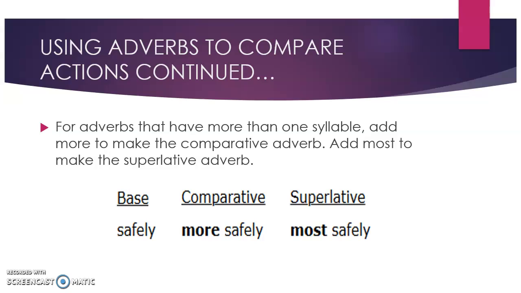Okay, so for adverbs that have more than one syllable, add more to make the comparative adverb. Add most to make the superlative adverb. So the base is safely. The comparative is more safely. The superlative is most safely.